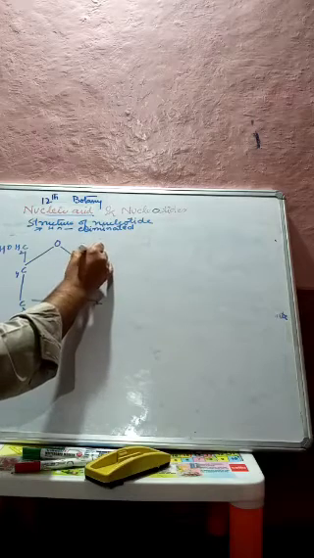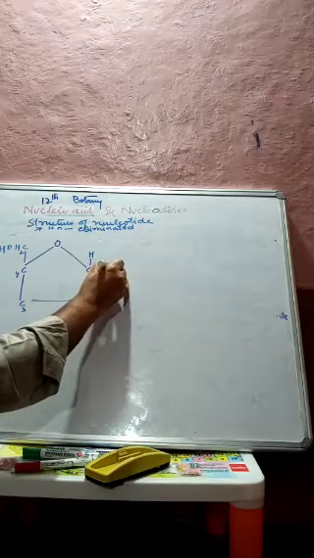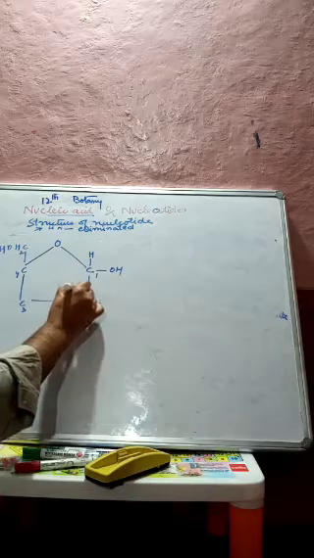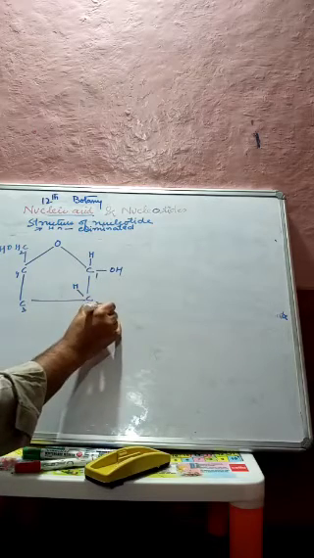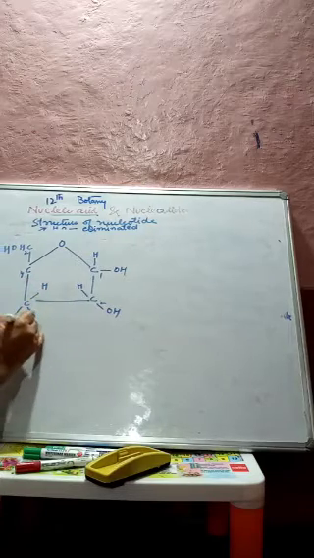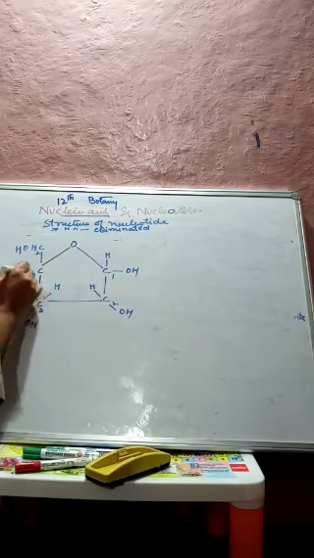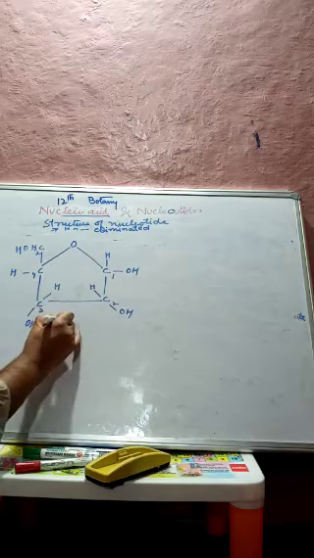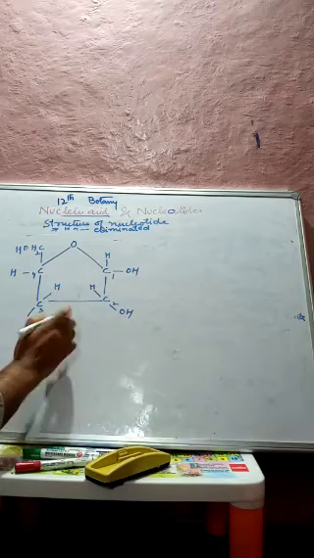It is H and OH, H and OH, again H, OH, and simply H. This is what we call ribose.